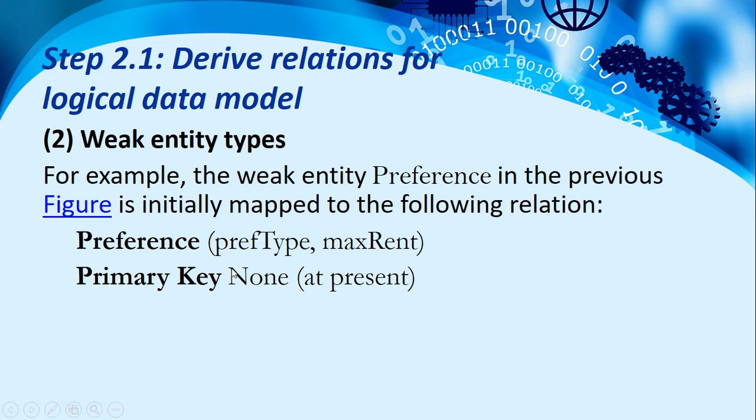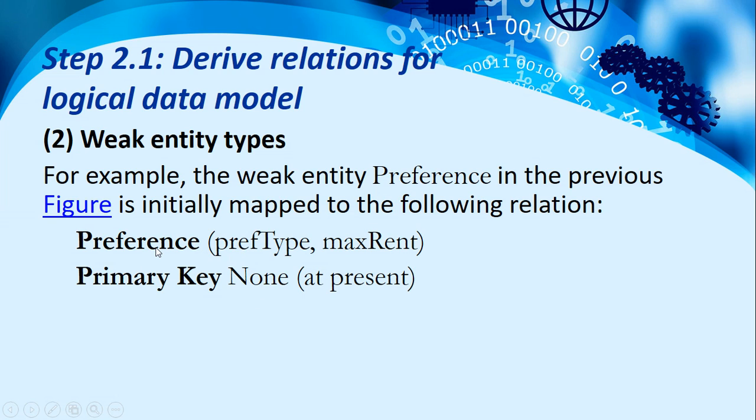Here it is marked none, although if you're the one creating it, you can just leave it blank. We specified none here so that you don't get confused, because as of now we don't have a primary key for preference yet.